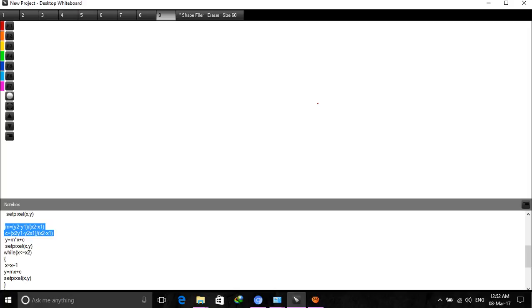Now let's talk about DDA, the digital differential algorithm, which is also a line drawing algorithm. So in application I write draw objects, and in drawbacks I write floating point operation.